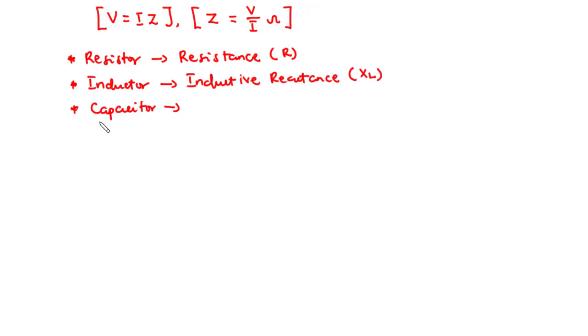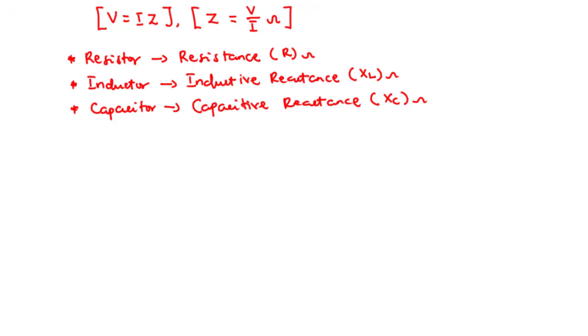Also, the opposition due to the capacitor is called the capacitive reactance, and that is denoted by XC. Notice that all these three quantities are measured in ohms.